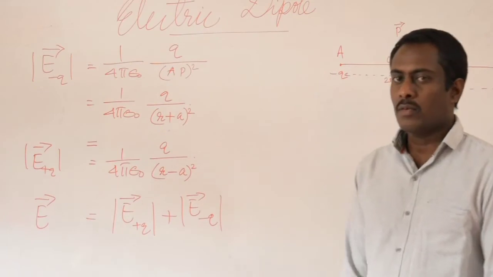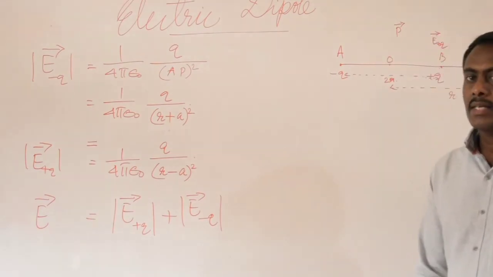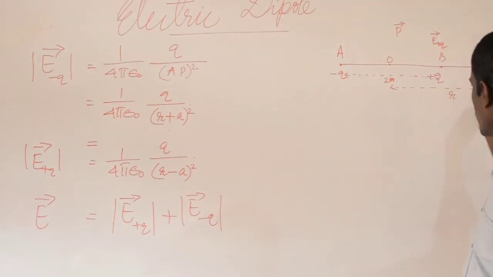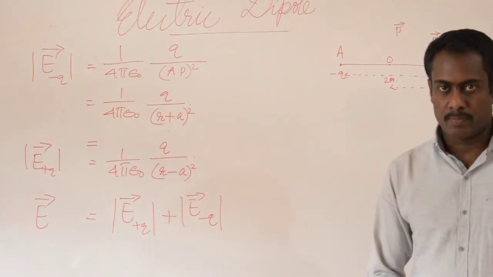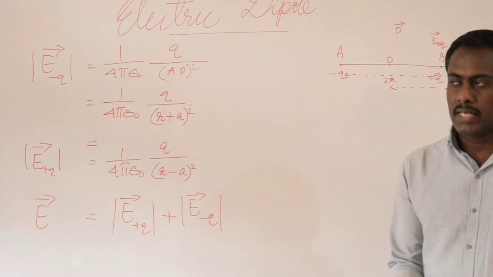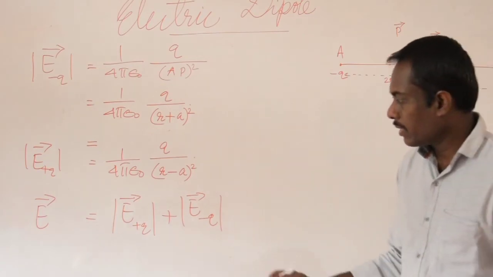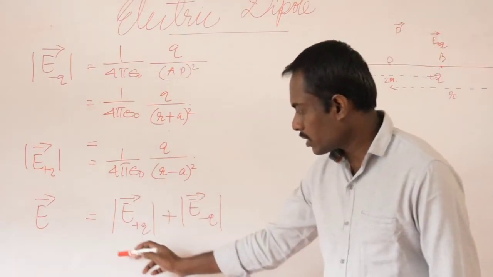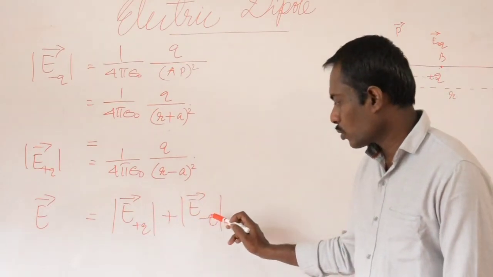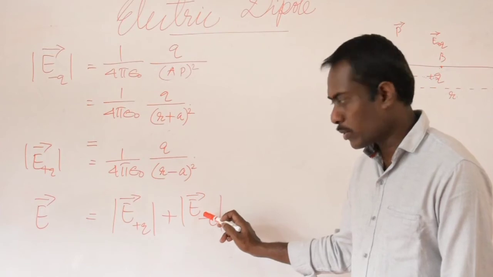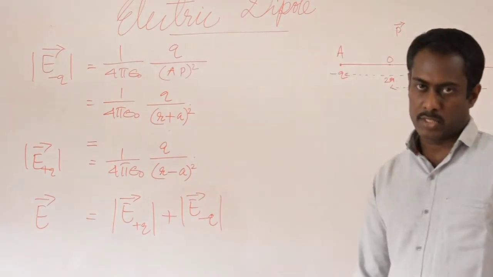And obviously we explained that the electric fields produced by these two charges are opposite in direction. Since they are opposite in direction, definitely the magnitude of the field produced by the positive charge will be greater than the magnitude of the field produced by the negative charge.